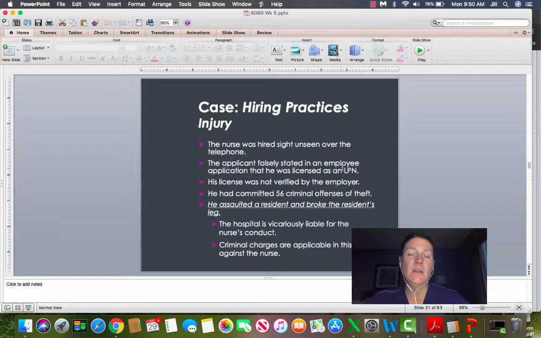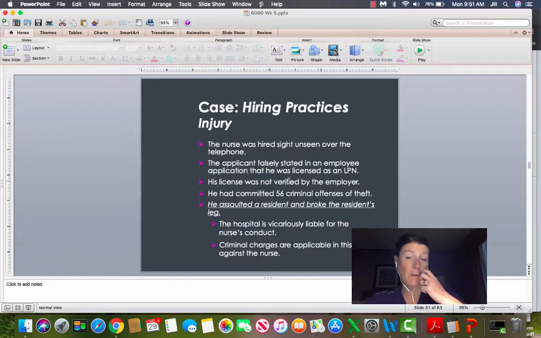Most of the time, these folks are just like you and I. We don't have millions of dollars lying around to pay out on a lawsuit of this nature, but large organizations sure do. So this is a situation where that hospital is considered vicariously liable for the conduct of this professional that they put in place without verifying that there was some kind of issue in their background.